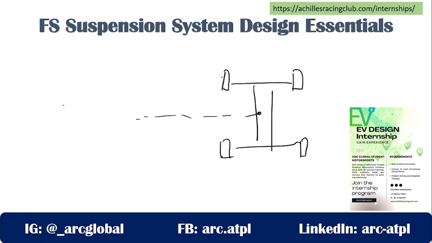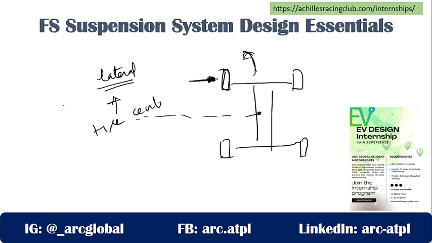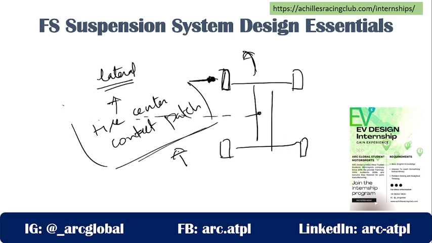When you're going to corner your vehicle, at that particular point of time, you will find the reactional force, the frictional force between the tire and the ground, acting in the lateral direction, opposite to the direction of your corner. This is also a lateral force acting on the tire center contact patch. Wherever it is acting, its impact needs to be considered at the tire center contact patch. Please remember this one thing.